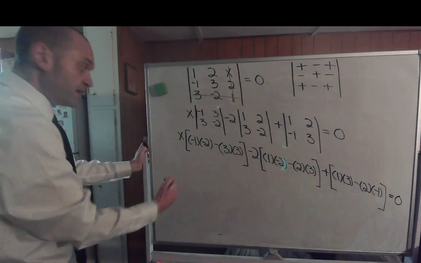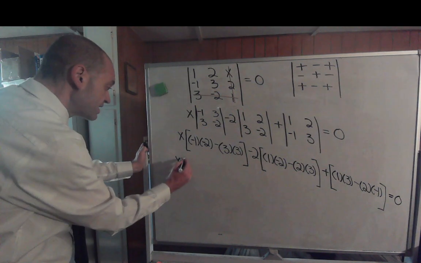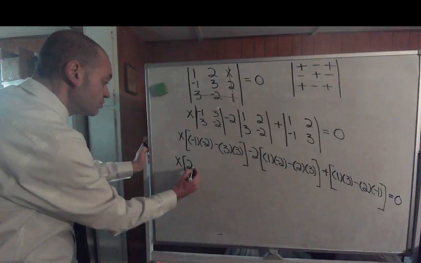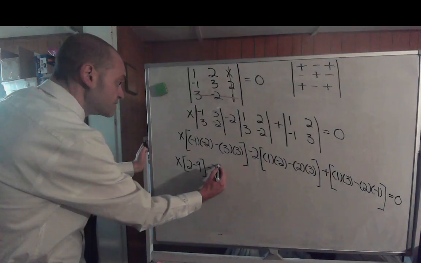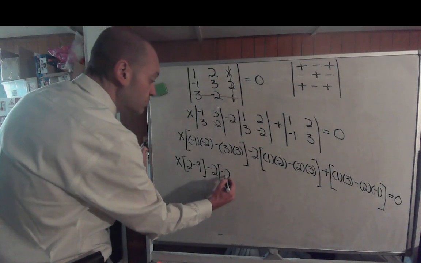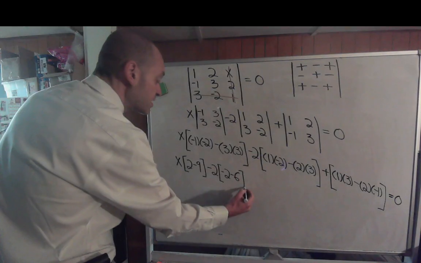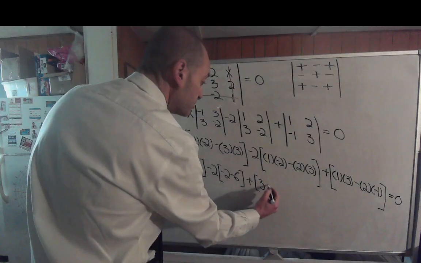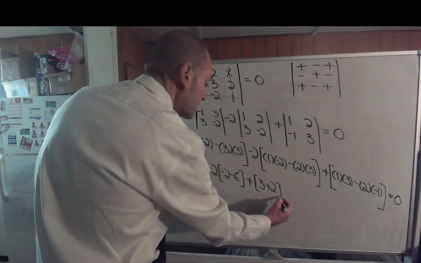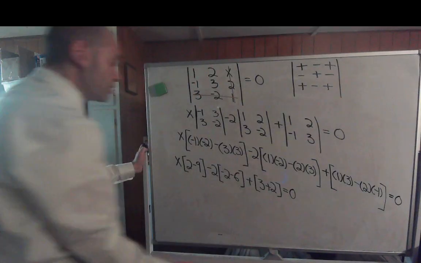So let's simplify all the brackets. You'll have x times 2 minus 9, minus 2 times -2 minus 6, plus 3 plus 2, all that equal to 0.